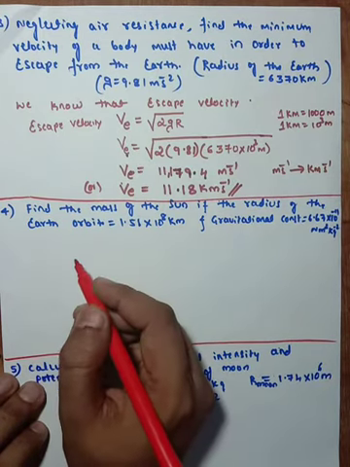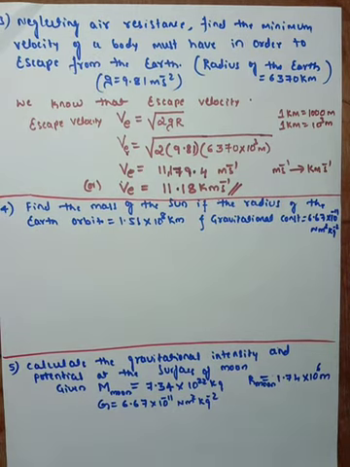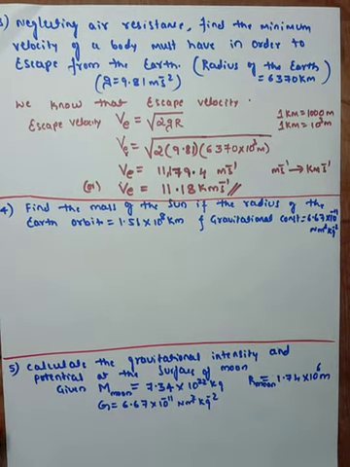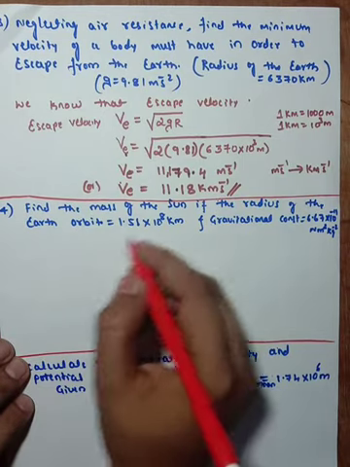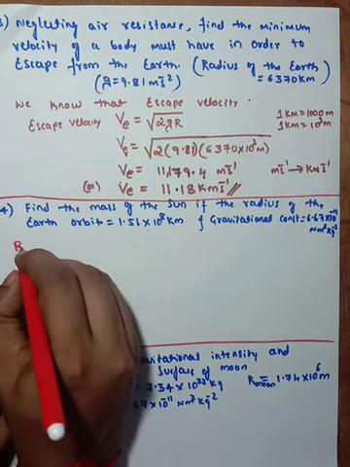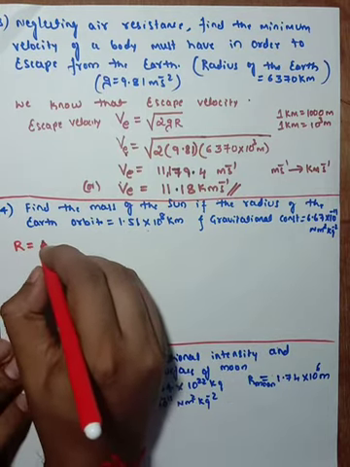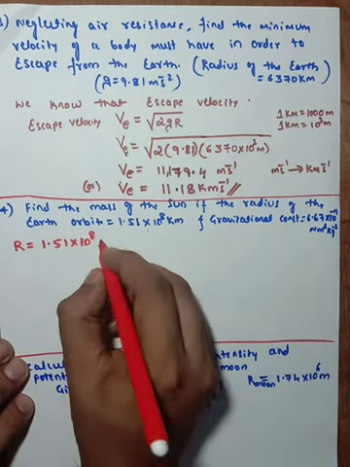Yes, we already know the earth's orbit radius is given. So the radius, r, is how much? R is 1.51 into 10 raised to 8 kilometer.